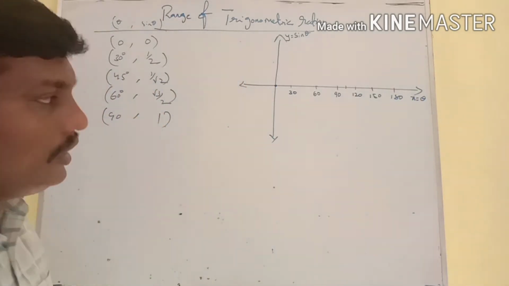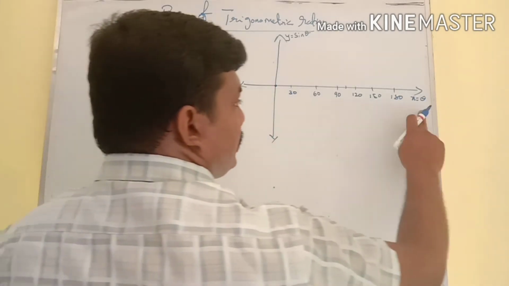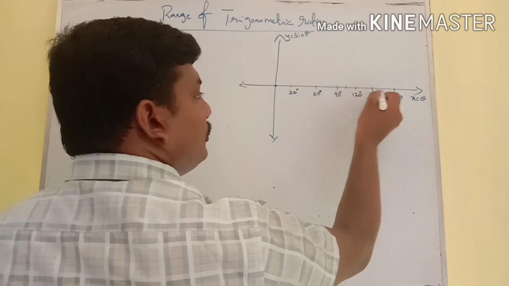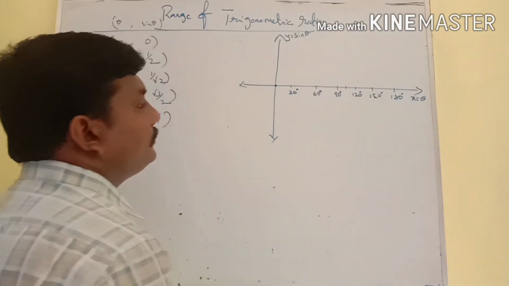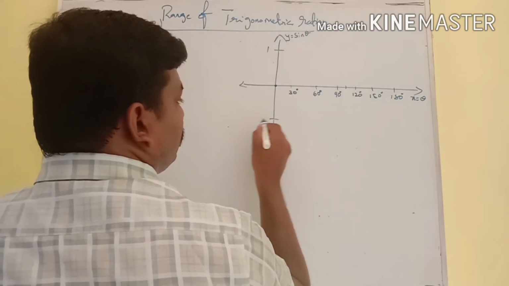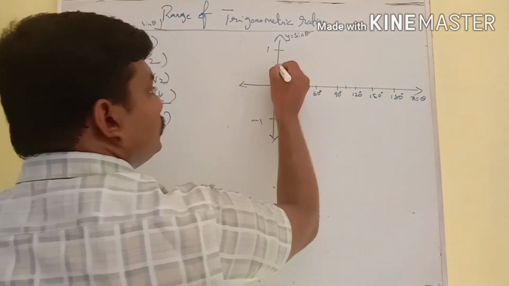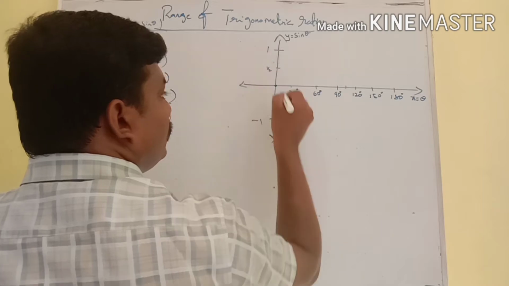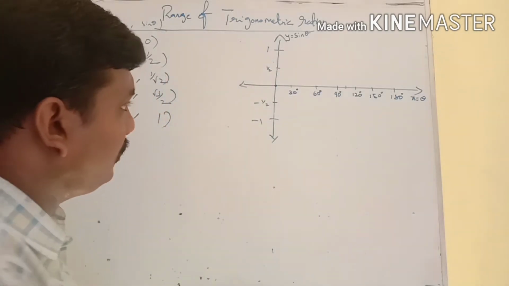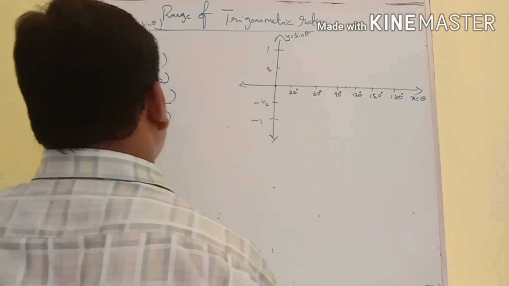On the x-axis each step of the scale is 30 degrees. Then on the y-axis I am taking 1 here and minus 1 here. This is half, 1 by 2, and this is also half, minus half here.